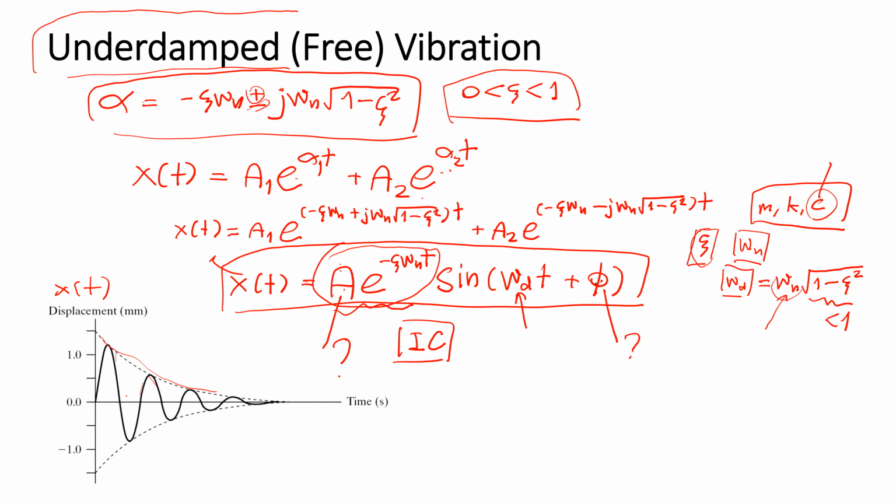In most problems, we can obtain the initial conditions when time equals 0, which means we know the displacement when time equals 0, and we know the velocity, or the first derivative of the displacement, when time equals 0.